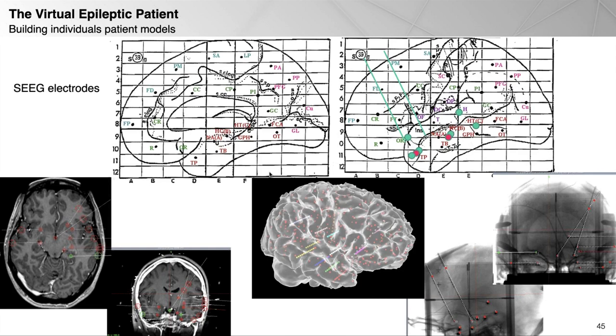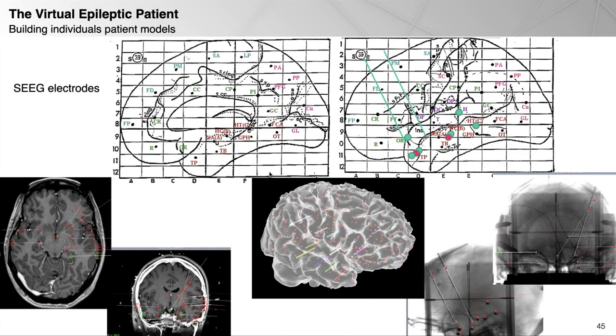And to reconstruct the patients fully, the only recording we have from this patient is the SEEG. So we will use a forward model to build and model the SEEG recordings. Here are the needles that were introduced in the patient's brain.